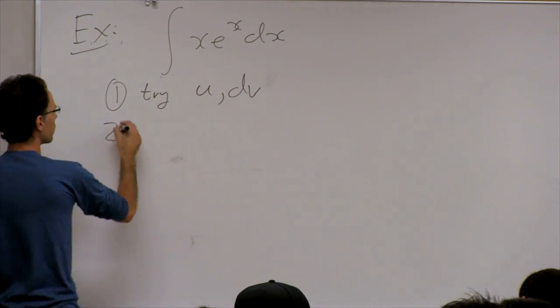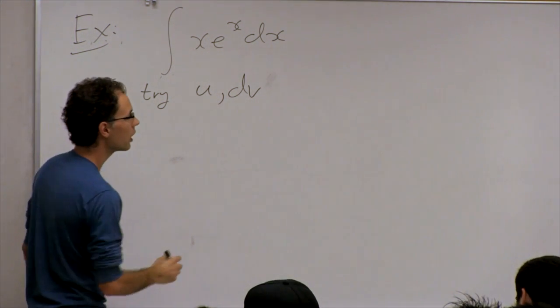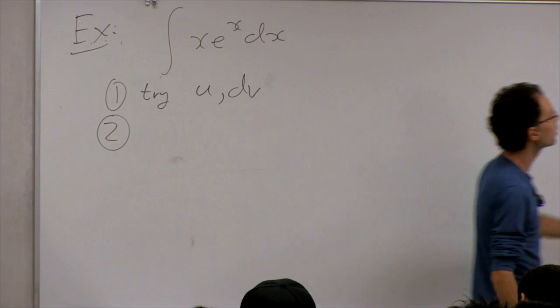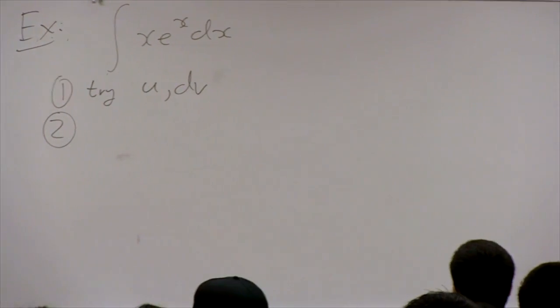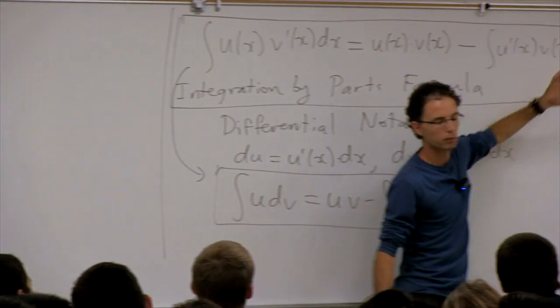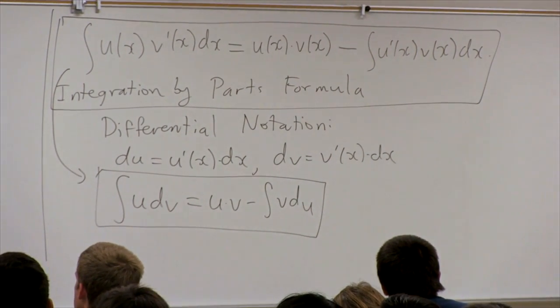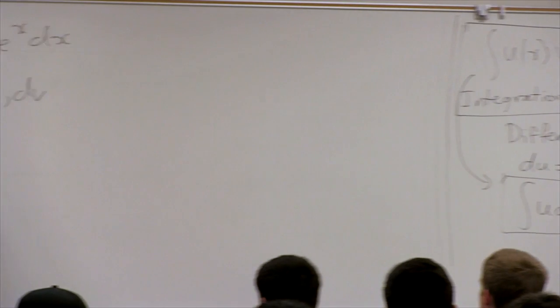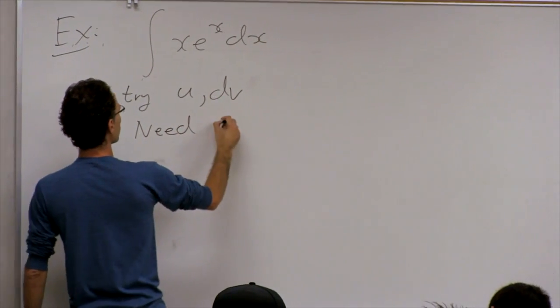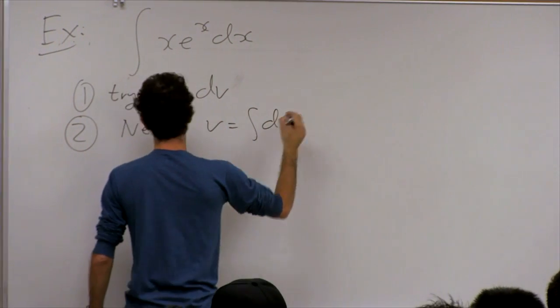And once we've chosen such a u and dv, we're then going to need to know what v is, and also the integral of u prime times v, otherwise written as v du. Okay, so we need v, which is integral of dv.